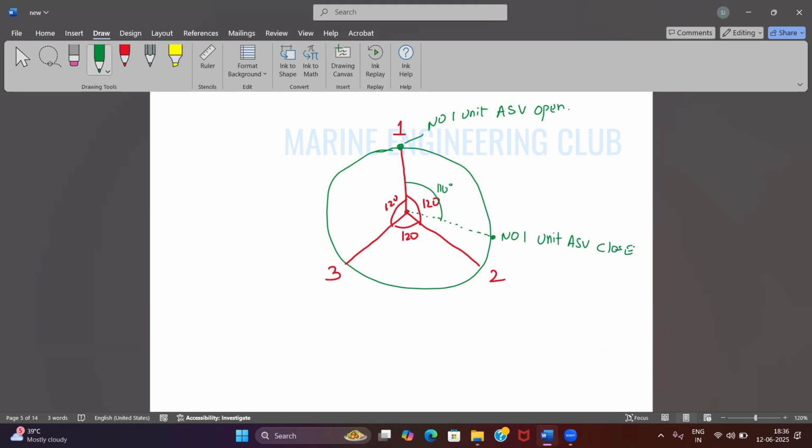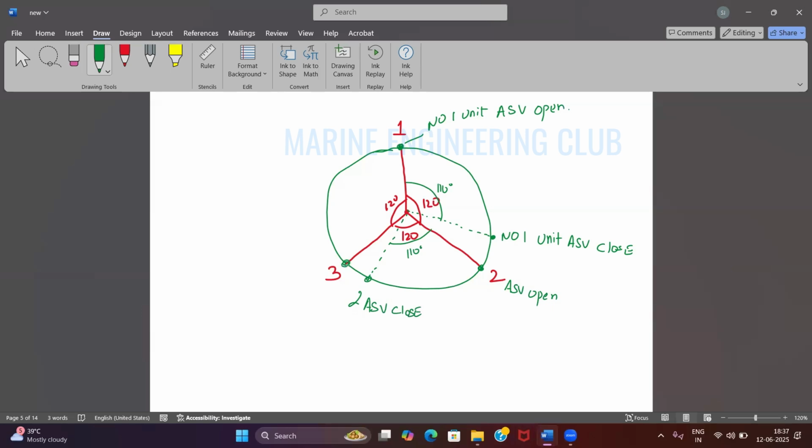Okay, so number two will start from here. It will again go 110 degrees afterwards. Number 2 air starting valve opens, and here number 2 air starting valve closes.